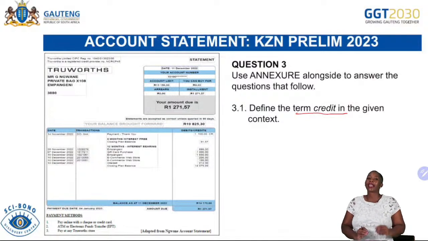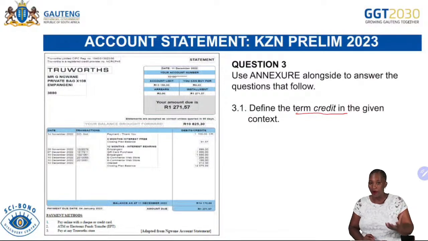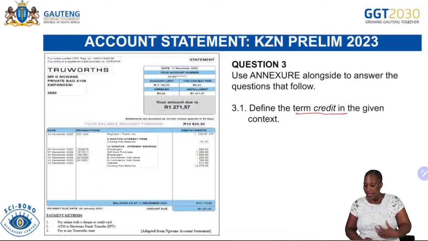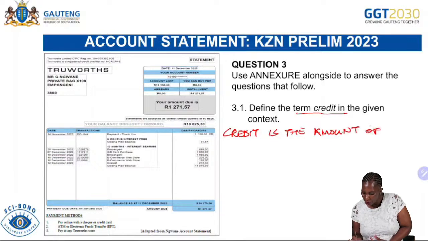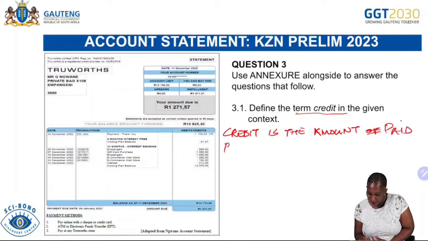And remember, we say credit available. What is the credit available? Sometimes we say credit available, sometimes we say the buying power. Now, with this one, because they're asking about the credit, we say now, credit is the amount of, or amount paid by Mr. Whose account is this one?